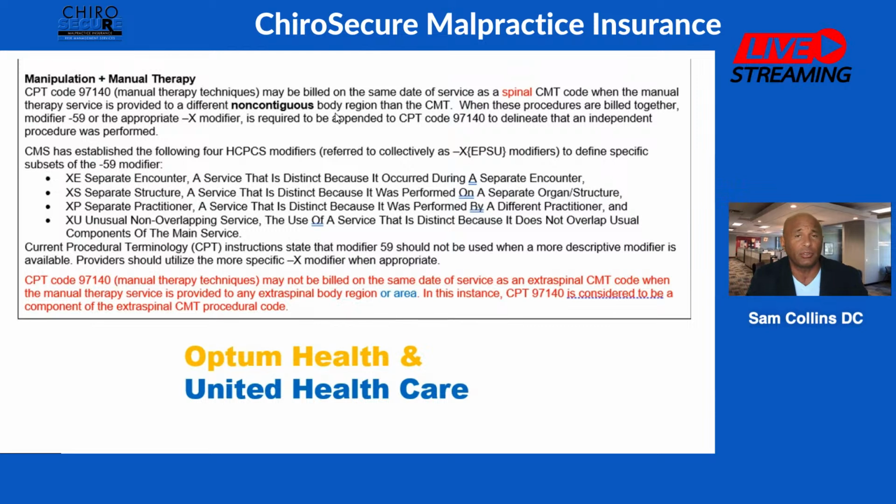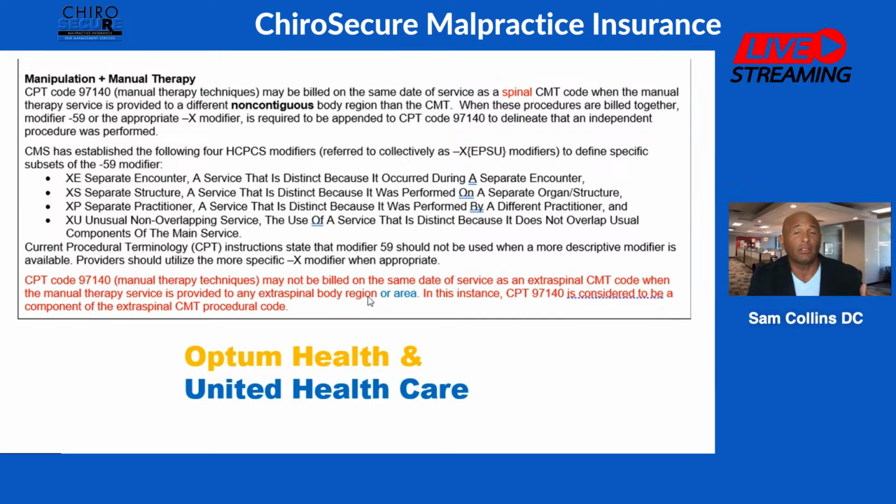Now, I will say Optum pushes this hard, but realize that other carriers may be doing the same. They go even further, and it's down here in red. Notice it says, manual therapy techniques may not be billed to the same date of service as extra spinal code when the manual therapy service is provided to any extra spinal region. Being the way the codes are described, when you say extra spinal, it includes anywhere.